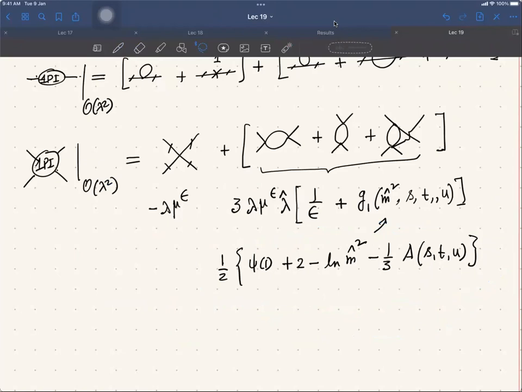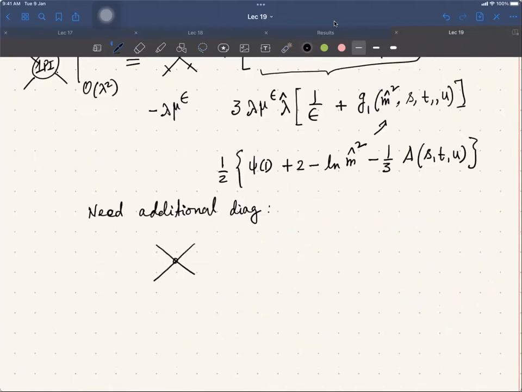To absorb this 1 over epsilon term, we need an additional diagram, which should be given by a new vertex at lambda square, whose vertex factor must be the negative of this factor, which is minus 3 lambda mu to the power epsilon lambda hat times 1 over epsilon plus a finite ambiguity, which is G1 of m hat square.